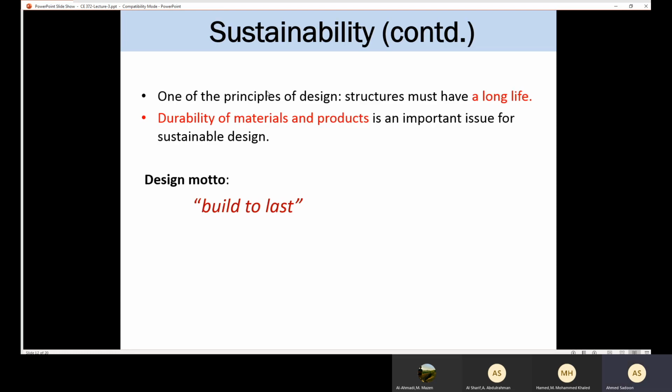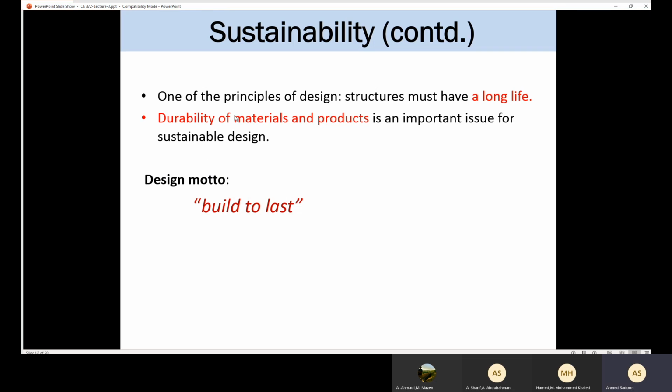One of the principles of the design is that structures should have a long life. So one of the sustainability requirements is that your structure should have a long life. You also need to use durable materials and products for sustainable design.